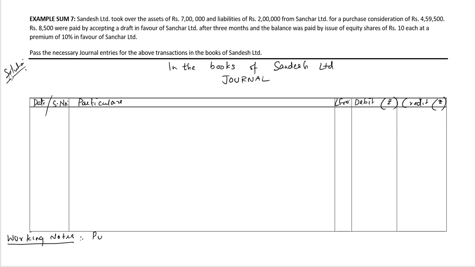The purchase consideration, as per the problem, is given as rupees 4,59,500, and the net assets taken over is equal to the total assets 7 lakh minus the liabilities of rupees 2 lakh, which comes up to rupees 5 lakh.